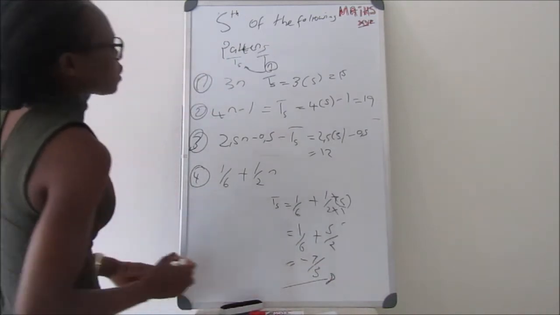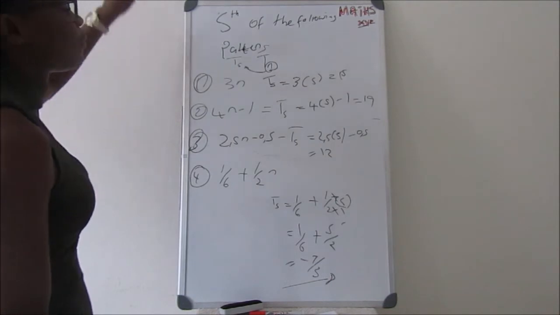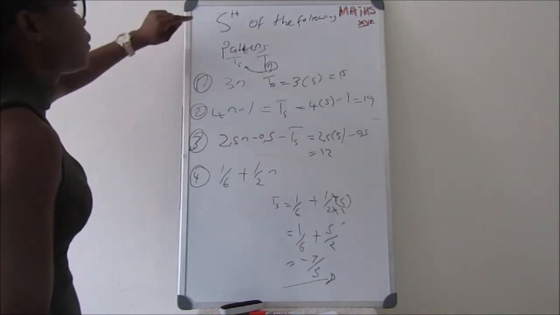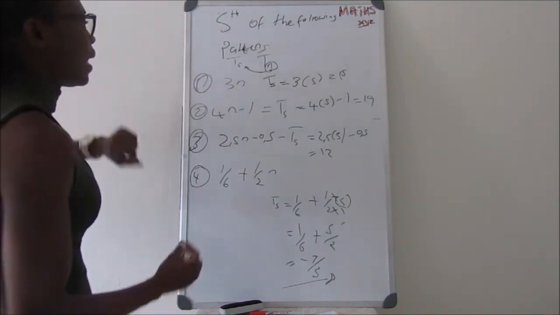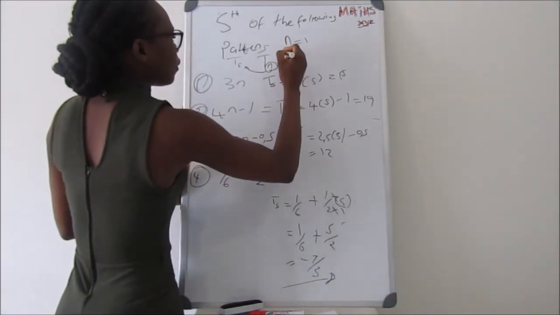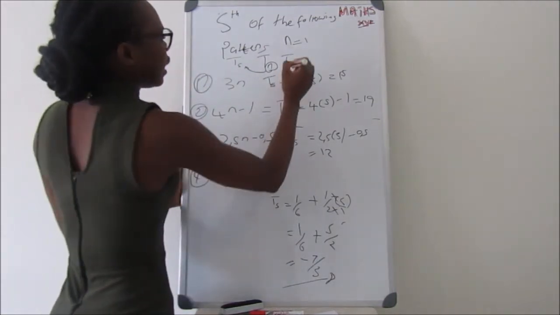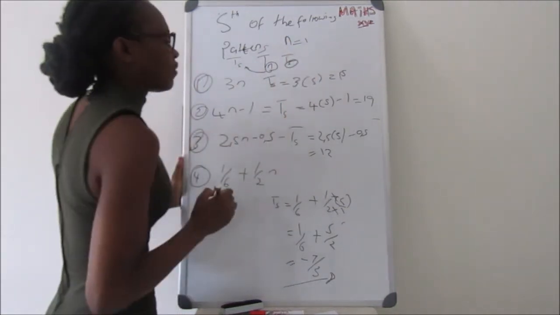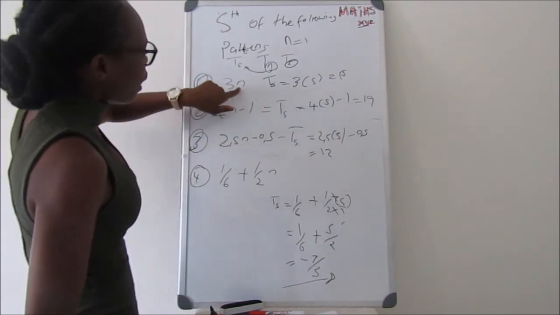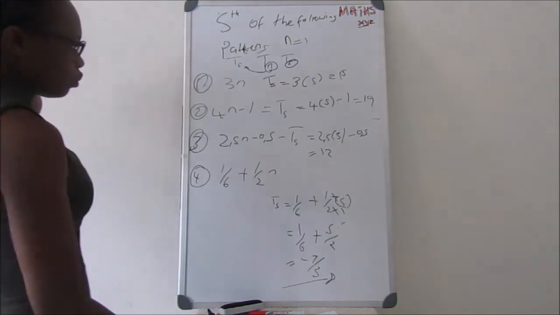All right, let's just do a quick recap. If the question says find the fifth term or the 10th term or the second term, you must know that it's n, which is the number of the term. So from Tn, the nth term, we will replace the n by 5. Wherever there is n, we must replace it by 5 to get the sum that we're looking for.